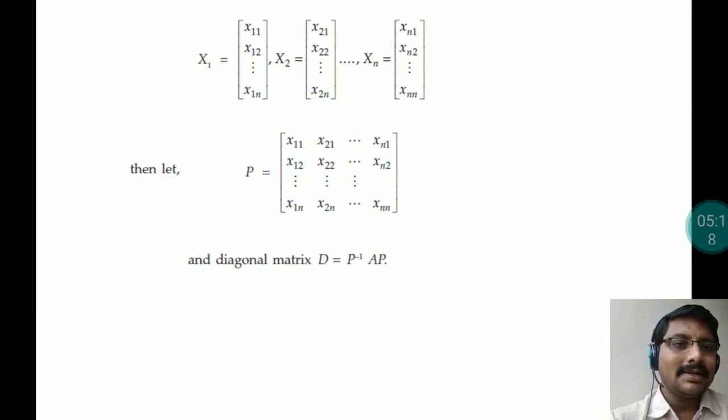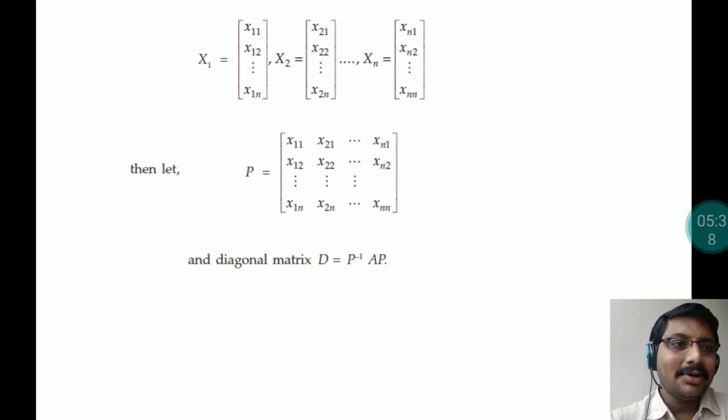The diagonal matrix D is given by P inverse AP. So P inverse AP must be D. What is D here? A diagonal matrix which contains the eigenvalues as principal diagonal elements, and the remaining elements must be zeros.